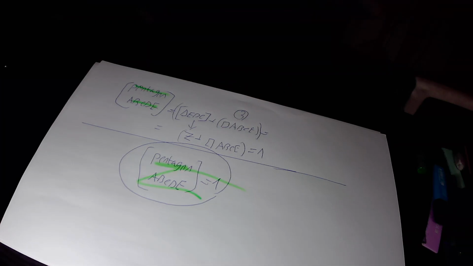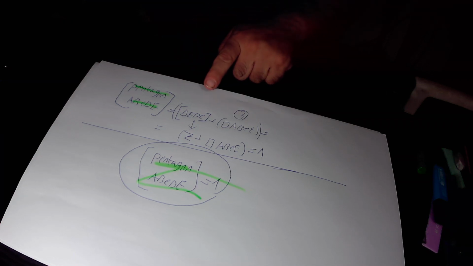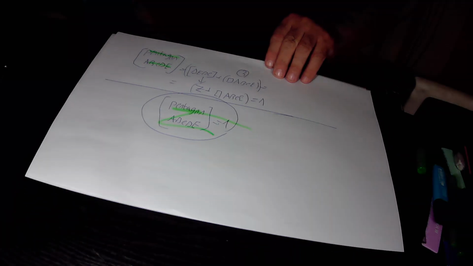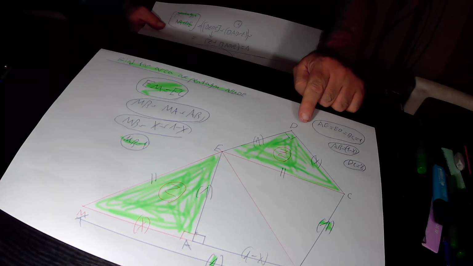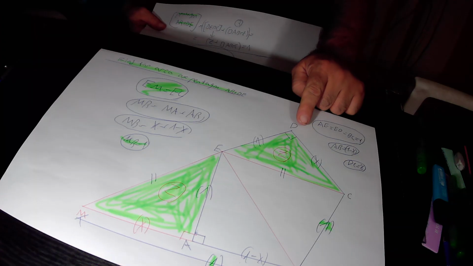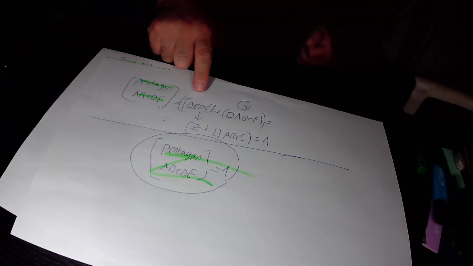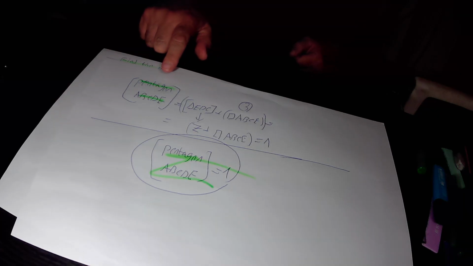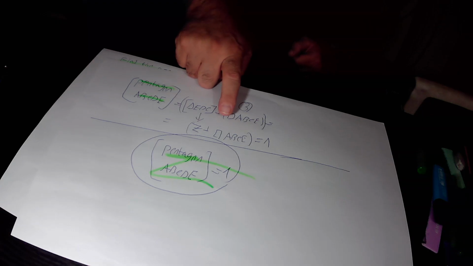Therefore, the area of the big pentagon ABCDE must be equal to the area of the green triangle EDC plus the area of quadrilateral ABCE. But we already found out that the area of this green triangle EDC equals Z square units. So we can substitute the area of triangle EDC by Z. So in total, the area of the big pentagon ABCDE is equal to Z plus the area of quadrilateral ABCE.